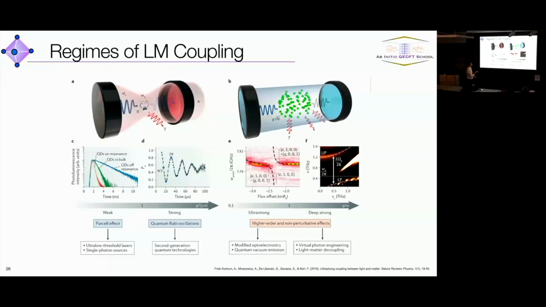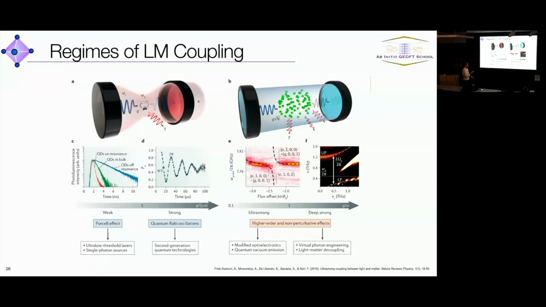In strong coupling, the effect that you would see is the clear appearance in the experiment of the Rabi splitting. But you have seen already this from June. What the Rabi splitting implies in real time is Rabi oscillations. If you look at the electronic population as a function of time after you have excited this polariton, you will see that this is oscillating in time with a period which is directly related to the Rabi frequency.